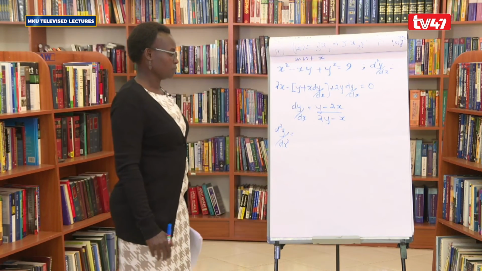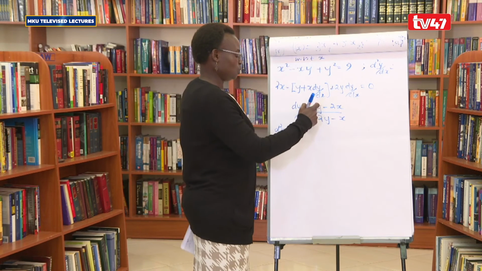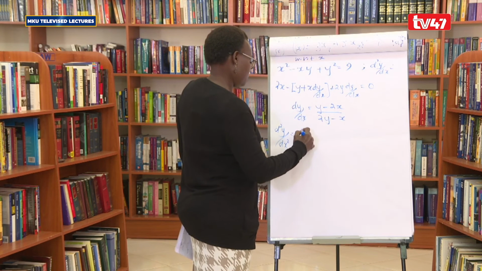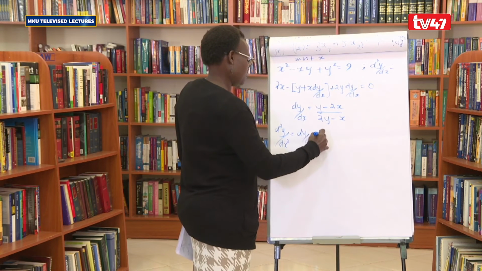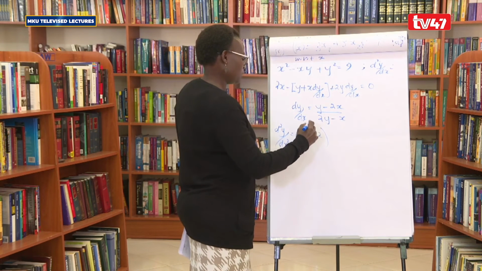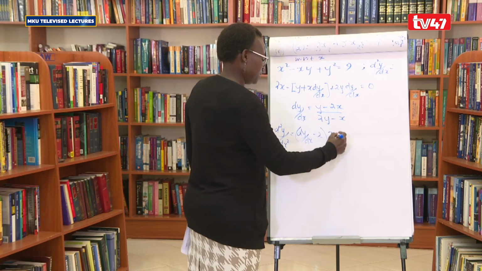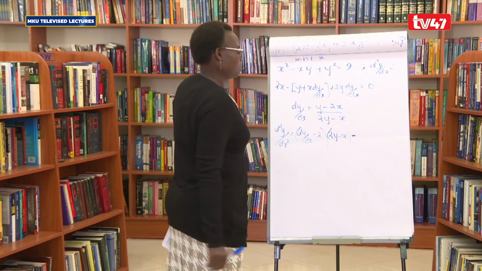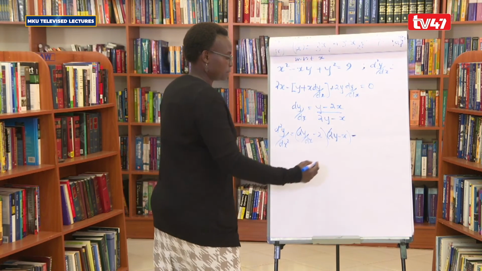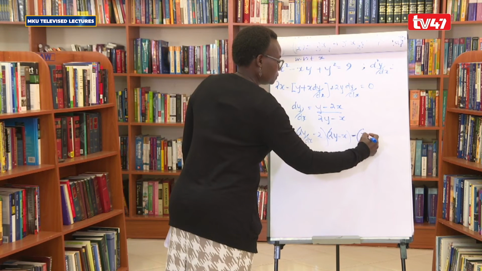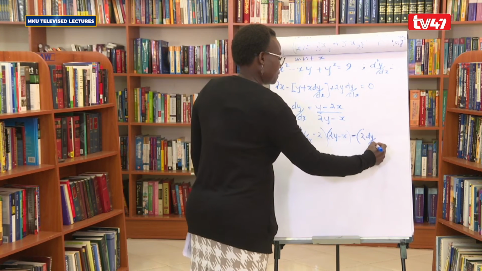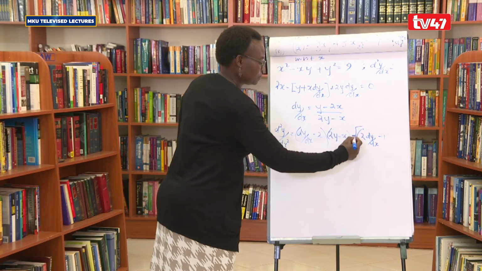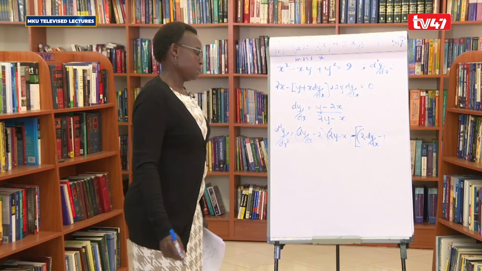So then u bar, this is u. So u bar will give us dy over dx minus 2. So that is u bar, and then v remains as it is, and then minus v bar. So we should have the bracket there.